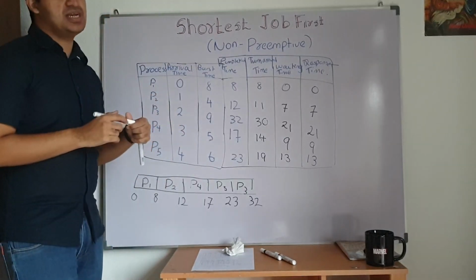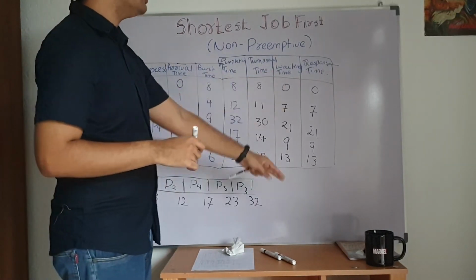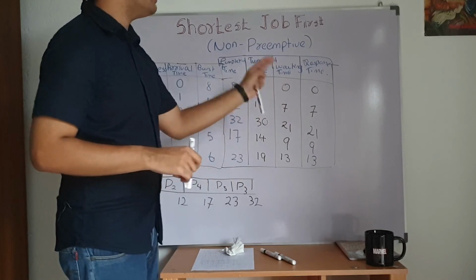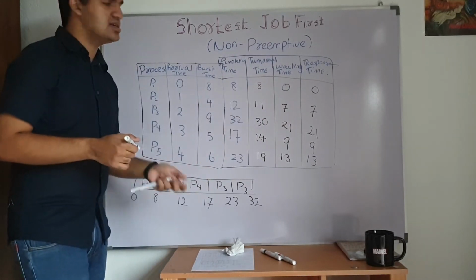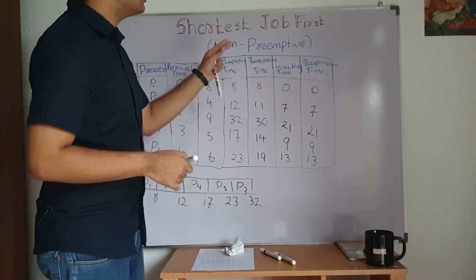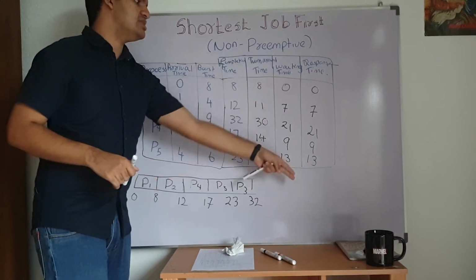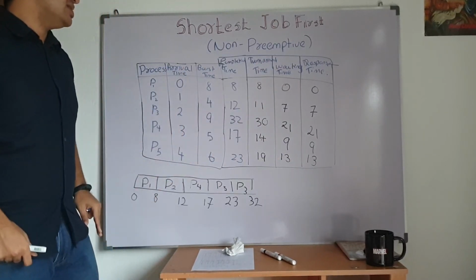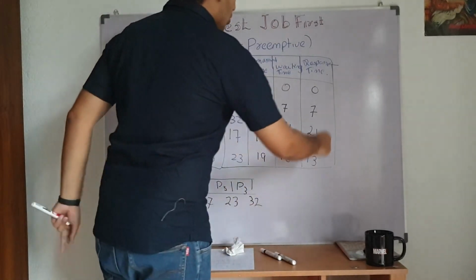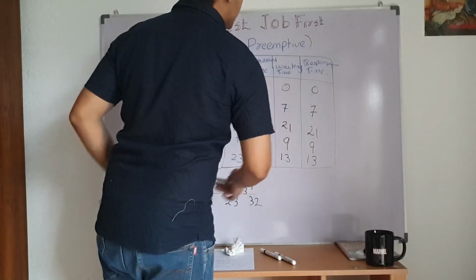Now the question asks that we take the average of waiting time and response time. Whatever you take, it's basically the same, but we are going to take the average of response time. So 0, 7, 21, 9, 13.